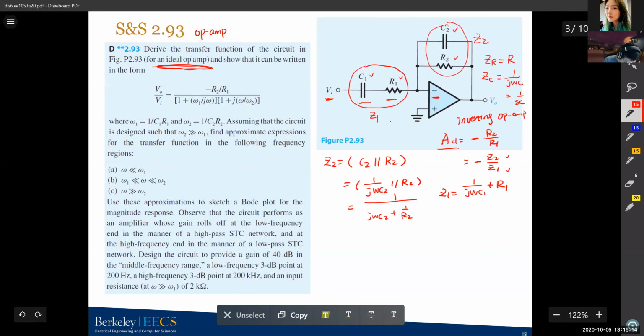Then the final gain, let's call it V out over Vi, or ACL, for this inverting configuration will just be negative Z2 over Z1. We put Z2 and Z1 into this equation. I'll just solve it step by step.